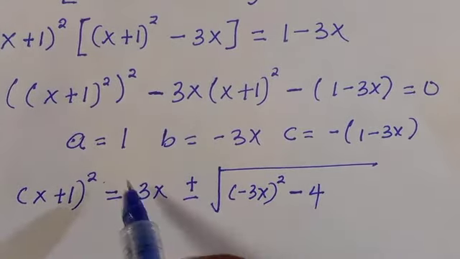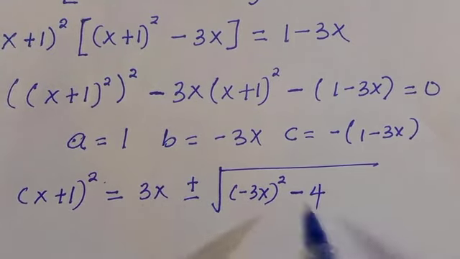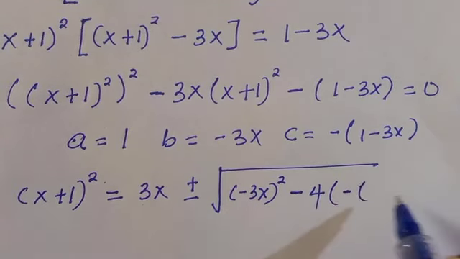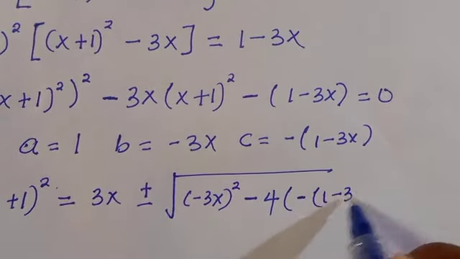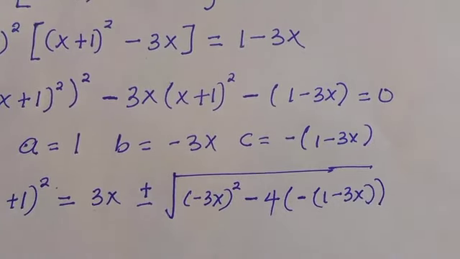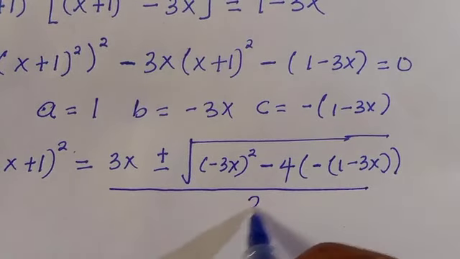So 4 times 1 is still 4. And for this we have it as minus open bracket 1 minus 3x, all in bracket, everything divided by 2.